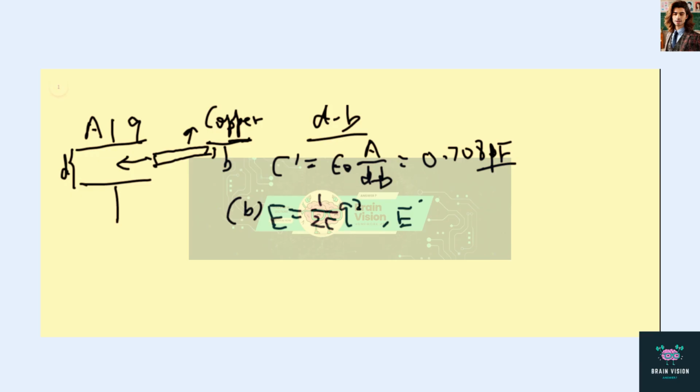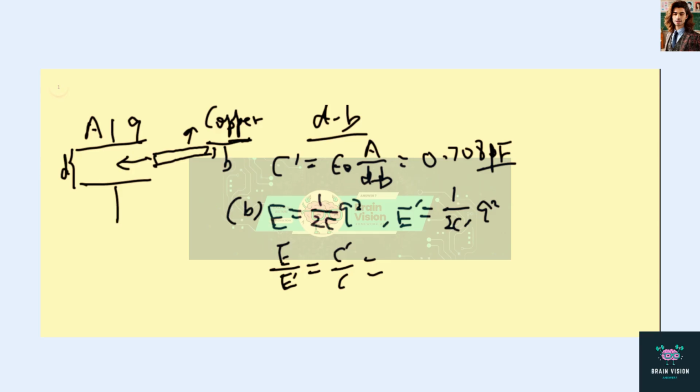And after is E prime equals 1 over 2C prime Q squared, because Q does not change, Q is fixed. So we can find the energy ratio E over E prime equals C prime over C.